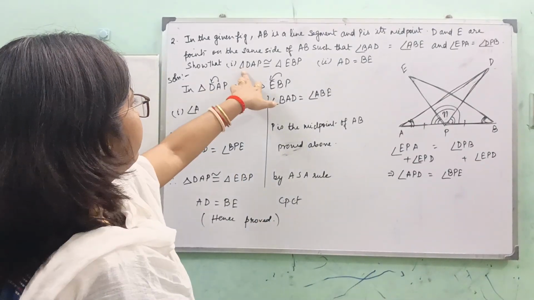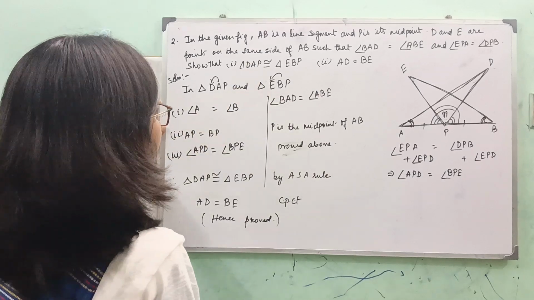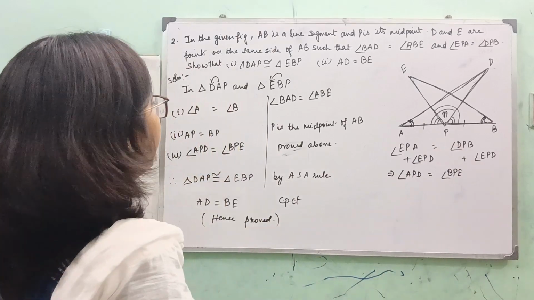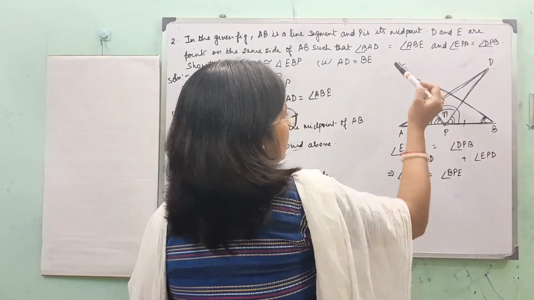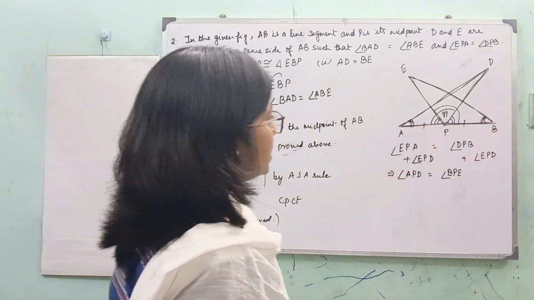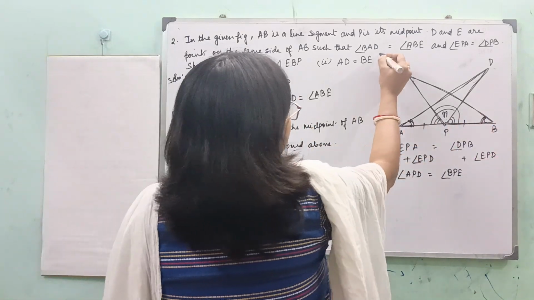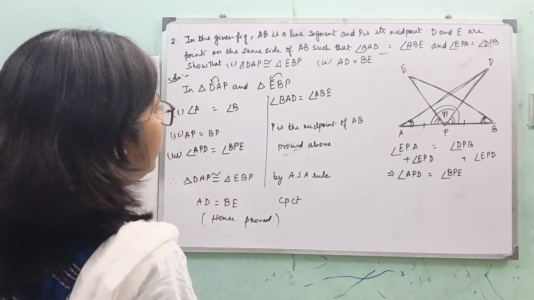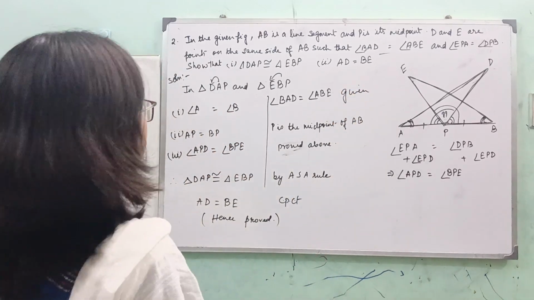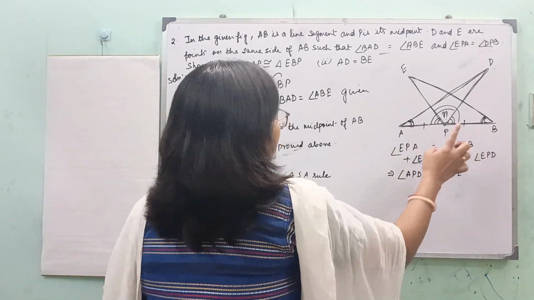So as per the question, we take the triangles DAP and EBP. These are the two triangles we are talking about. First, angle A and angle B are equal because of the given part in the question, that is BAD is equal to ABE. Next is AP equal to BP.